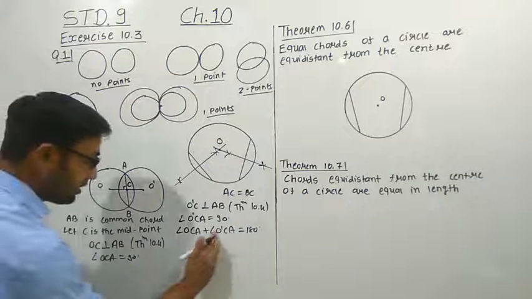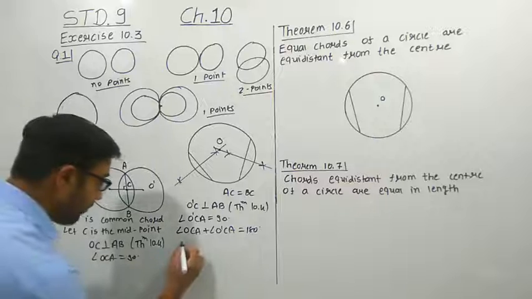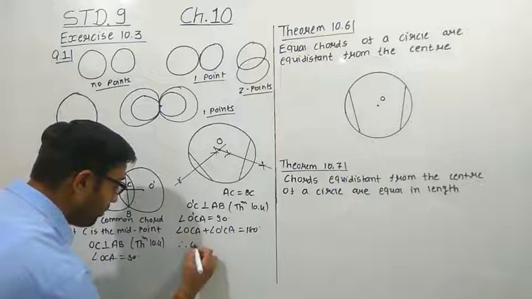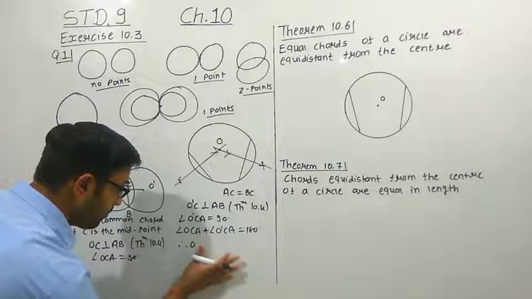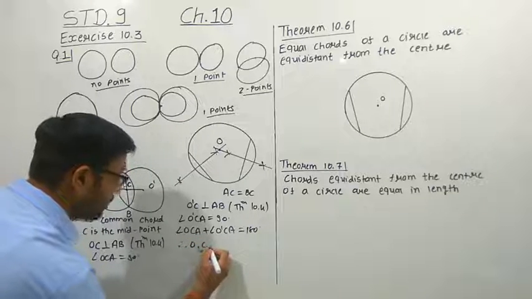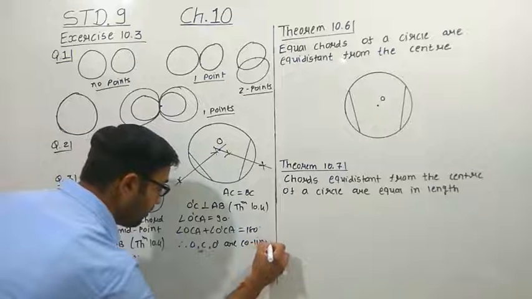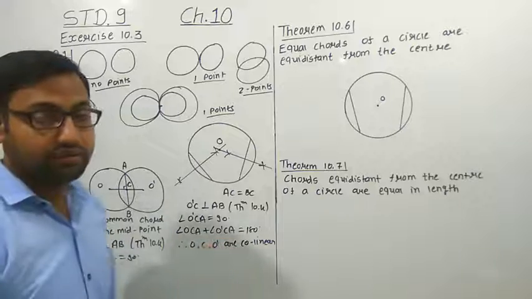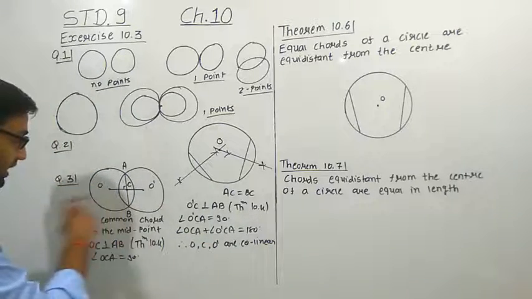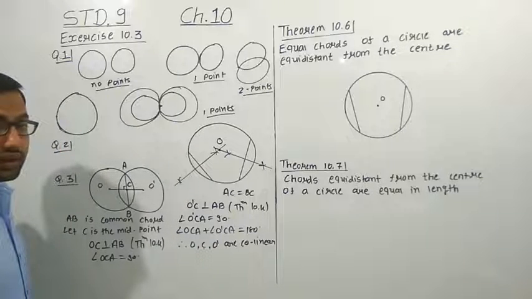So both these angles are making a linear pair, therefore we can write down that OC and OD are collinear. Collinear means all three points lie on the same line. Now on that line, both the centers of the circles are lying.